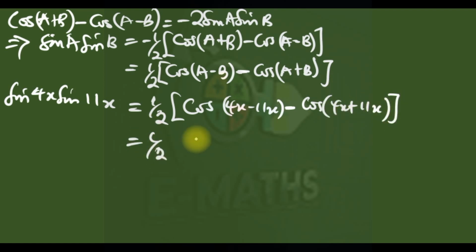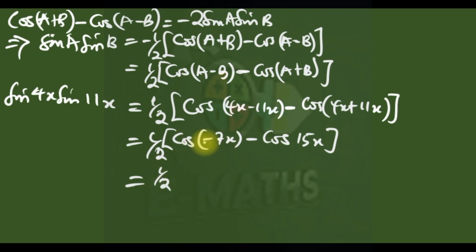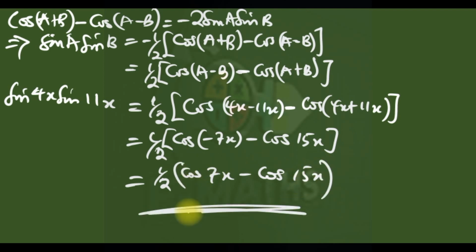Which is half of cos of minus 7x minus cos 15x. And we know that cosine is an even function, so for the cosine of a negative angle you neglect the negative sign, so we have half of cos 7x minus cos 15x. So that's our answer. That's how we use the product to sum formulas.